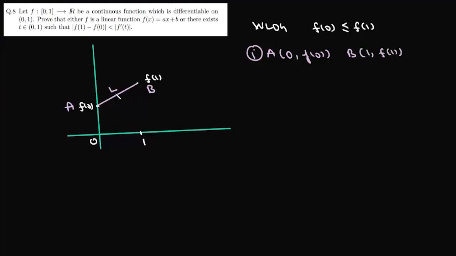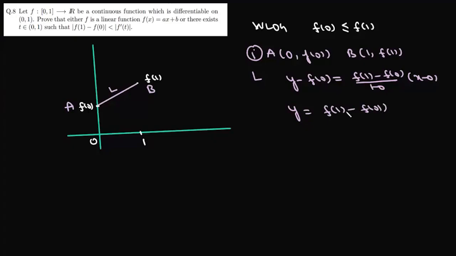And we can always draw this straight line L, and we can also write the equation of this straight line: y minus f0 equals f1 minus f0 upon 1 minus 0 into x minus 0, which is y equals f1 minus f0 x plus f0, which is a linear function of the form y equals a x plus b.